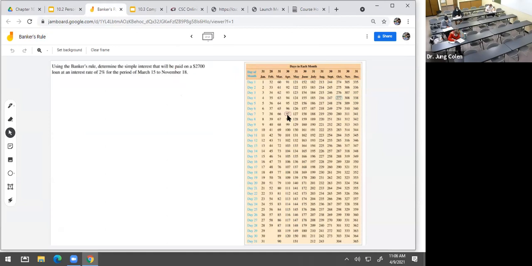So if you go to 277, that is marked off here with blue color. What date is that? October 4th. So October 4th is exactly 180 days after you loaned on April 7th. Okay, so that's how you're using this data.